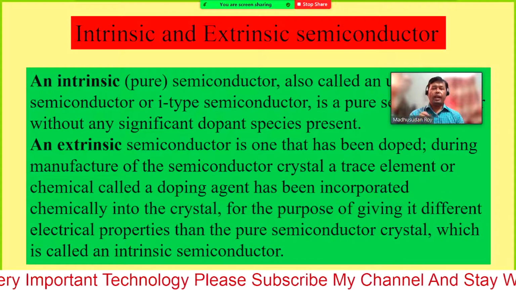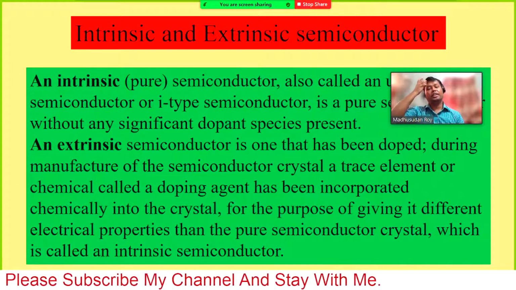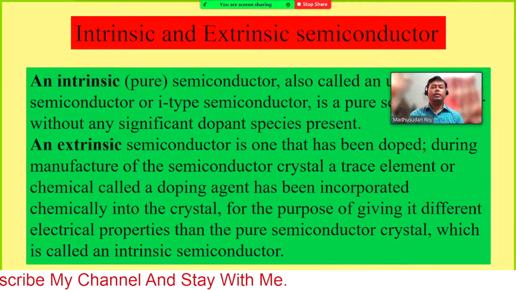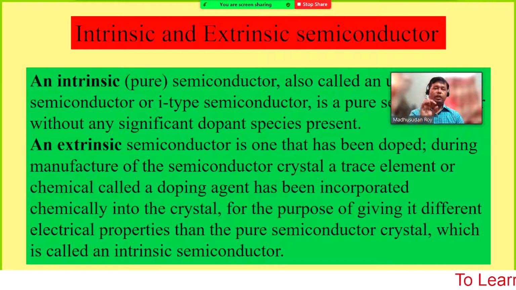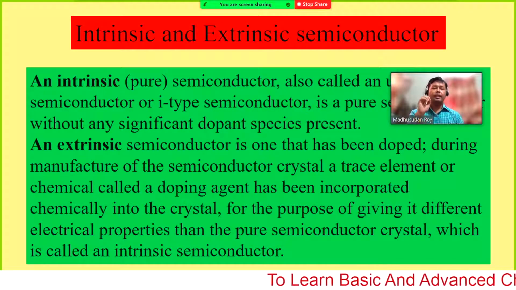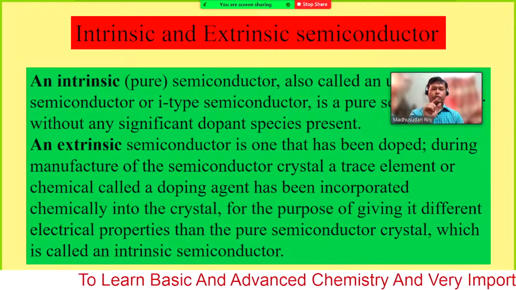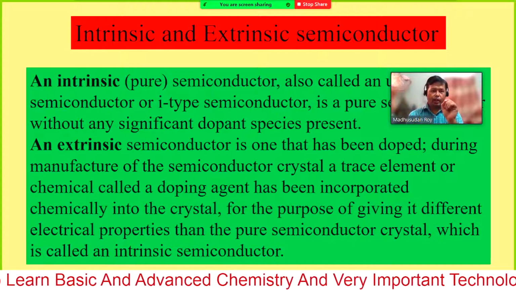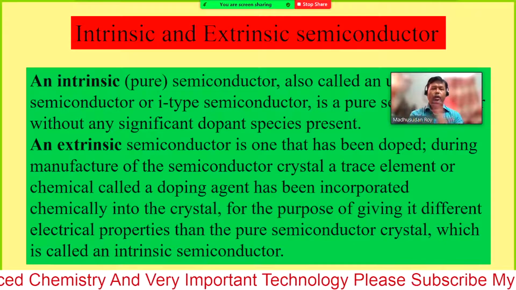If you add any element, that cannot give you your desired condition. So you need to think about what you want to make and how much electricity needs to be transferred through the semiconducting material. Based on that you have to choose an external material, and then add a specific amount. How much? 0.1 gram or 0.01 gram or 0.002 mole or whatever.